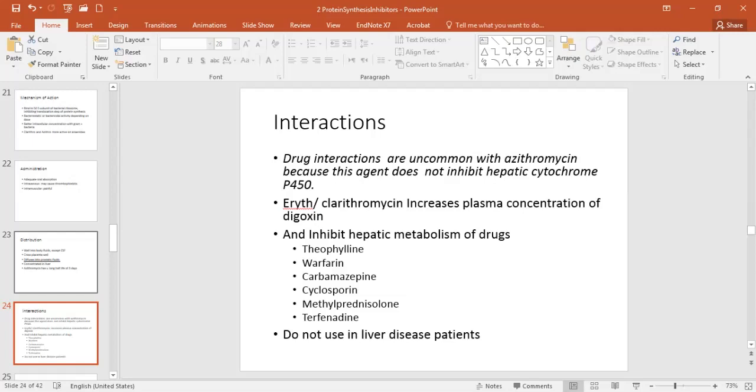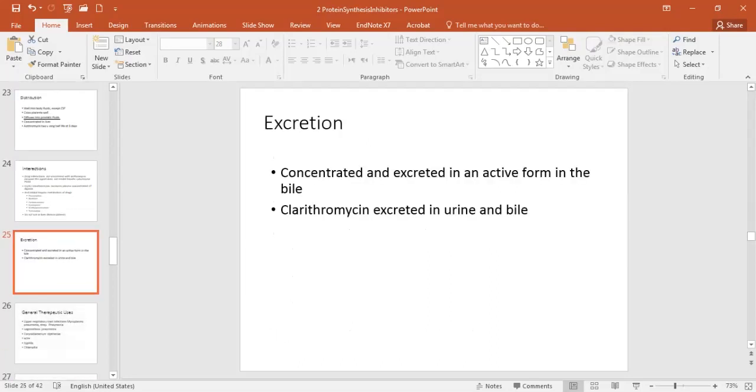Drugs whose metabolism is inhibited by macrolides include theophylline, warfarin, carbamazepine, cyclosporin, methylprednisolone, and terfenadine. So try to avoid using them in liver disease patients. They are concentrated and excreted in active form in the bile. Clarithromycin is excreted in urine and bile.